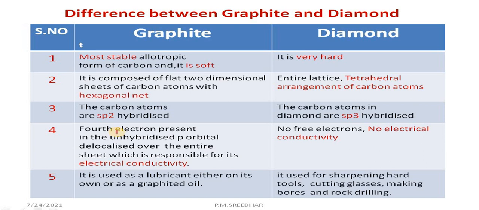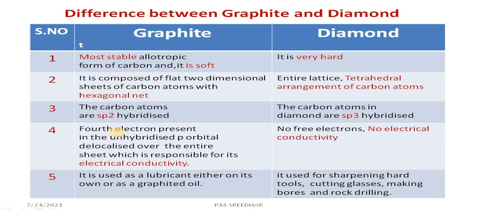Just a few minutes back we discussed that because graphite is slippery, it is used as a lubricant. Diamonds are very hard because of strong covalent bonds between carbon atoms. So it is used for sharpening hard tools, cutting glass, making bores and rock drilling.